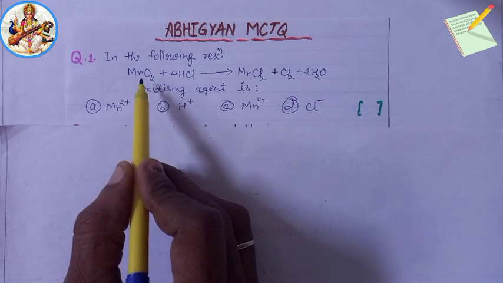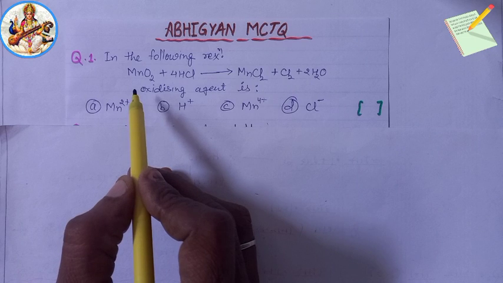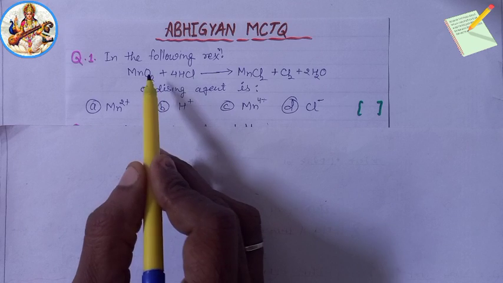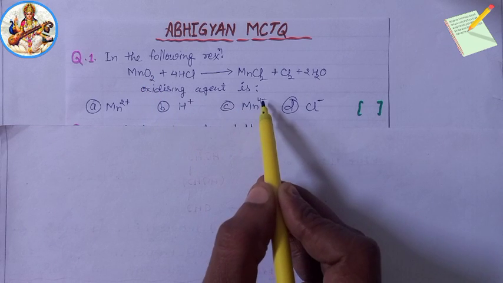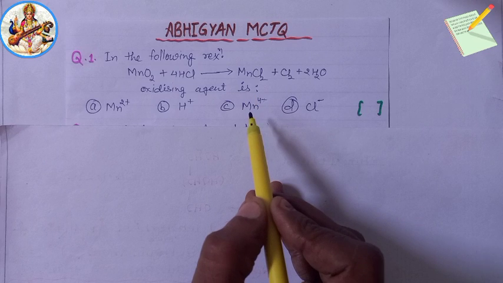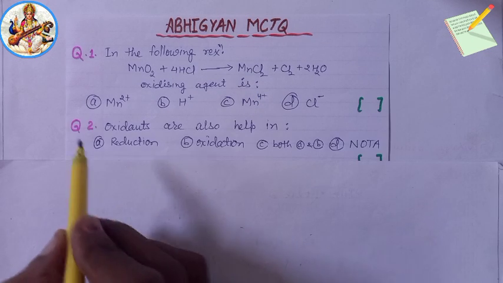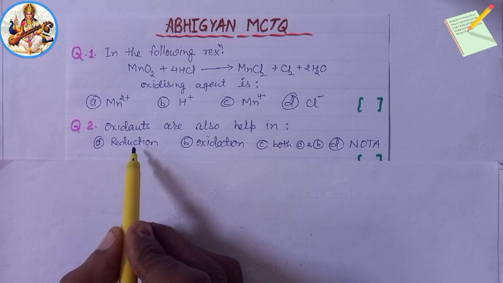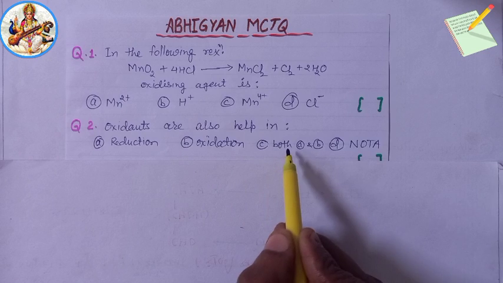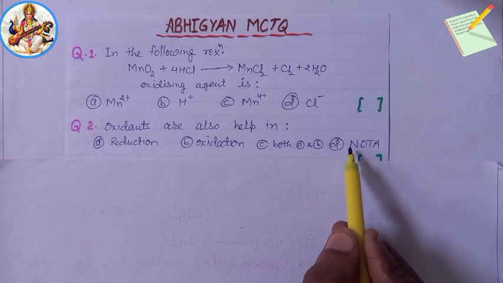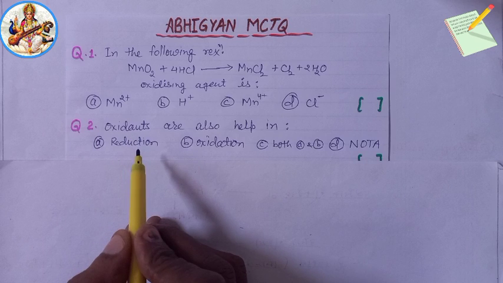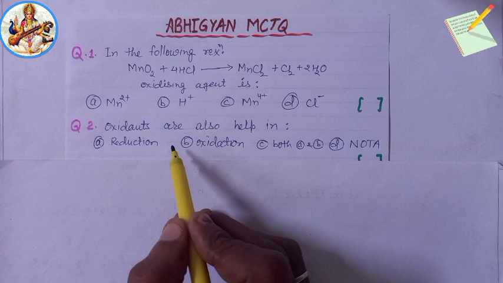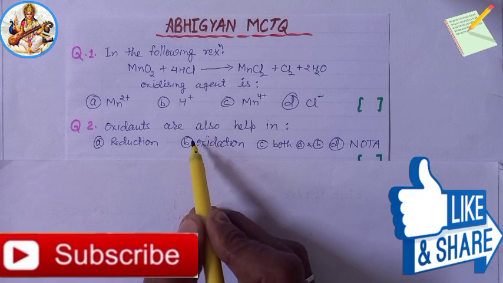So MnO2 is the oxidizing agent and HCl is the reducing agent. So the answer will be option C, +4. Very important question. Now next, question second: oxidants also help in reduction, oxidation, both A and B, or none of the above. We know that oxidants help in oxidation, so the answer will be option B.